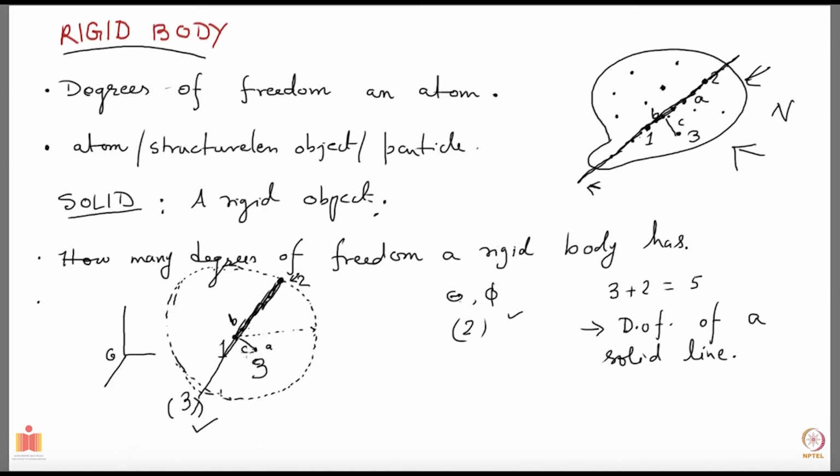Let me try to draw it. Okay, this is a circle which is going into the plane of your laptop or your screen. Okay, so in principle this particle could be anywhere on the circle and it will still have the same distance c.